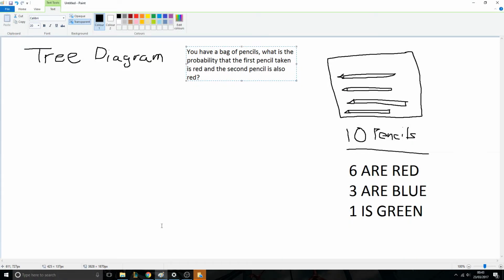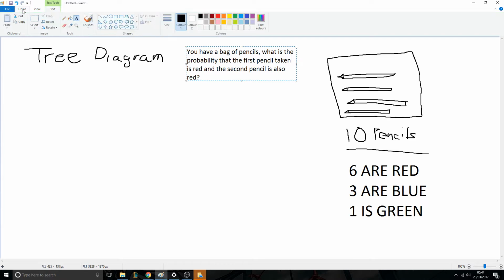Okay, here we have another question. You have a bag of pencils. What is the probability that the first pencil taken is red and the second pencil is also red? So to help us through this question, first we have to draw a tree diagram, which I will do right now.